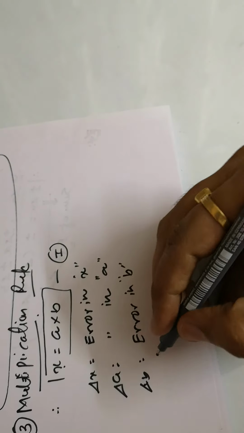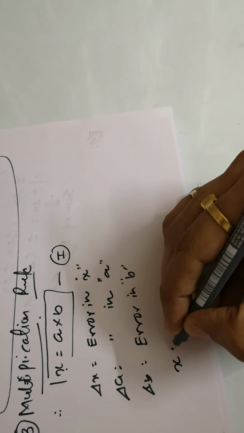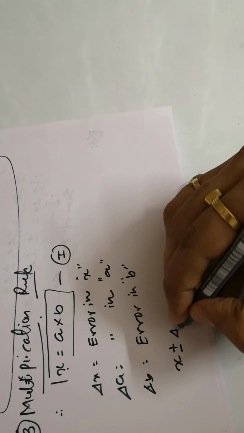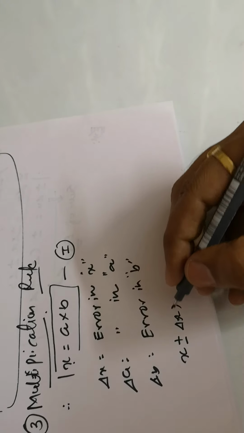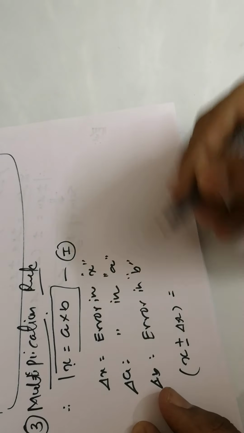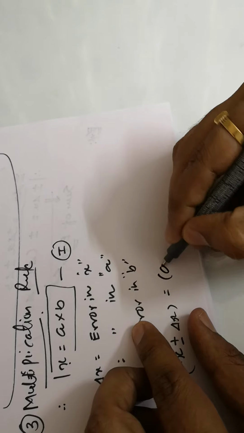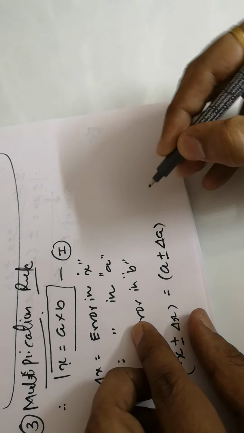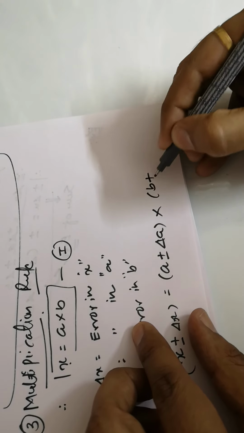Following the same course, x plus or minus delta x equals a plus or minus delta a multiplied by b plus or minus delta b.